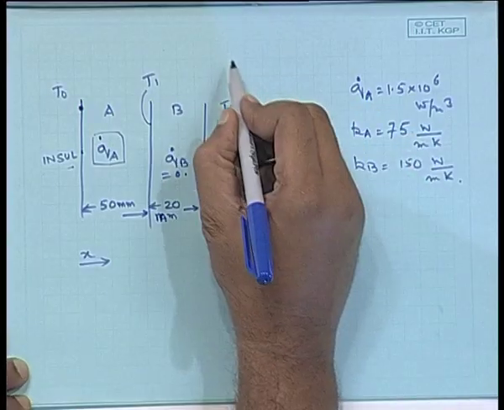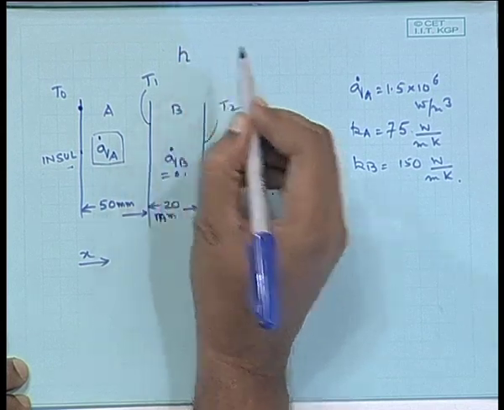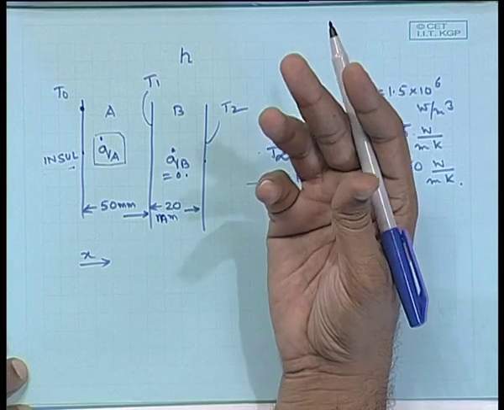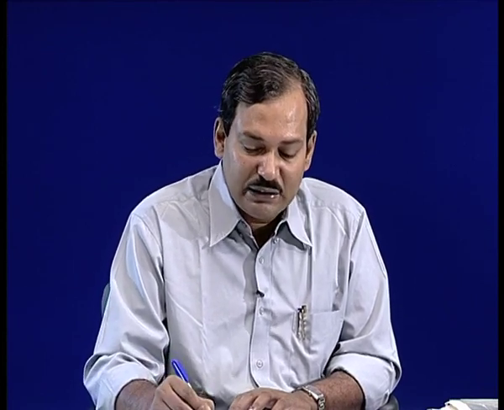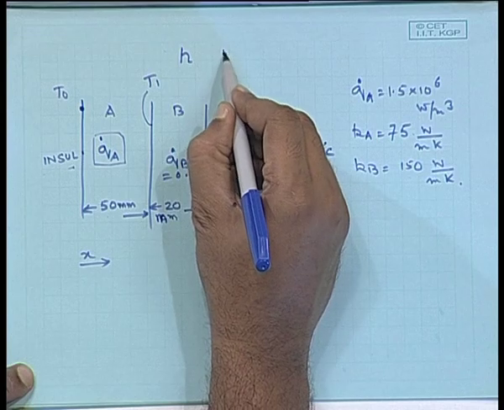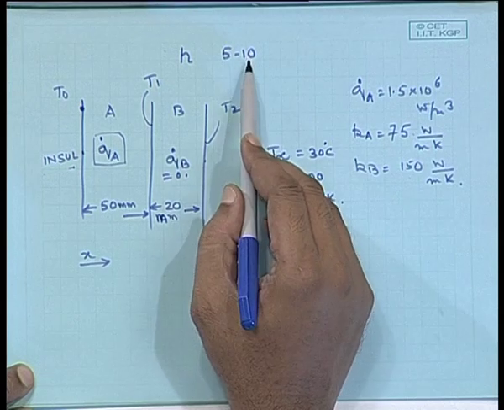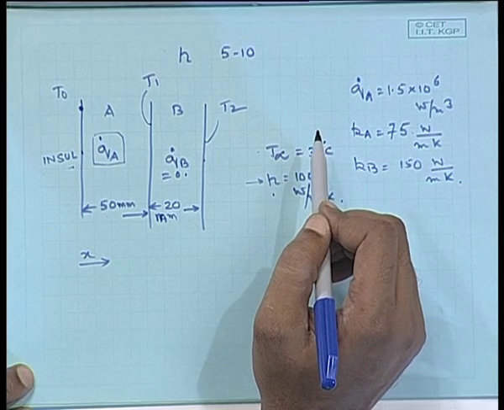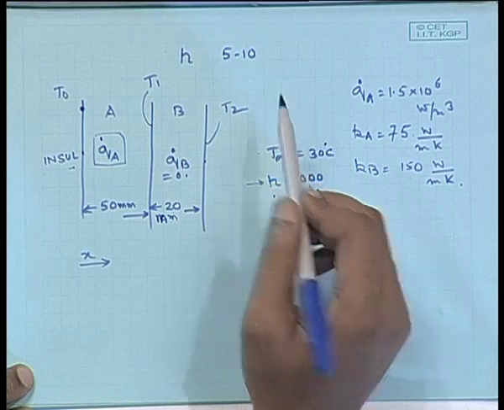What I wanted you to find out is the range of values of h for different situations, because that is going to be extremely important from a practical point of view. If you have just natural convection in air, the value of h would be roughly between 5 to 10 watt per meter square Kelvin. Whenever you substitute air with a liquid with high thermal conductivity, the value of h would be more.